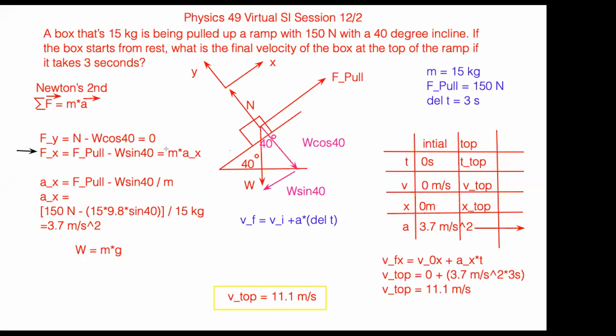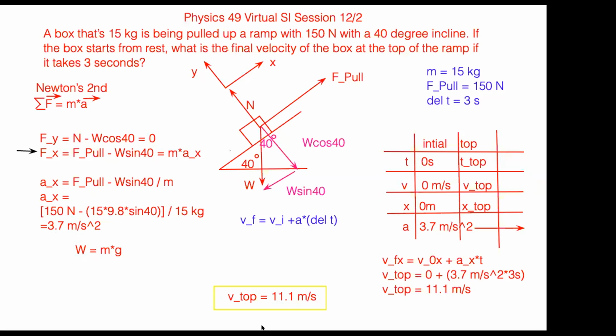We realized that the y component wouldn't be of any use, so we only use the x component. And within the x equation, we solve for acceleration because that's what's going to be used in our kinematic equations. So we isolate for a_x, and we get 3.7.